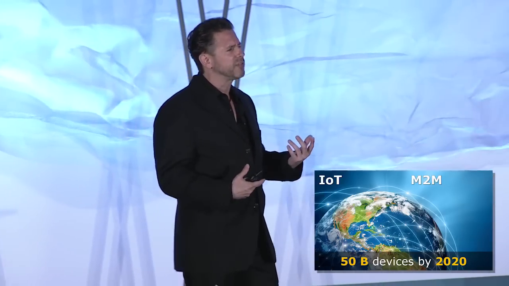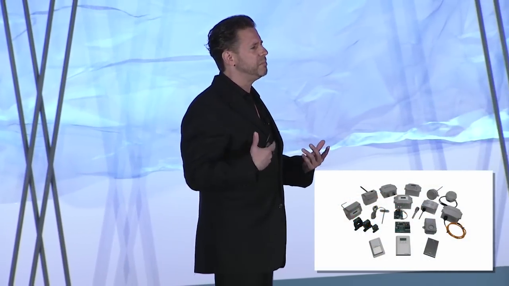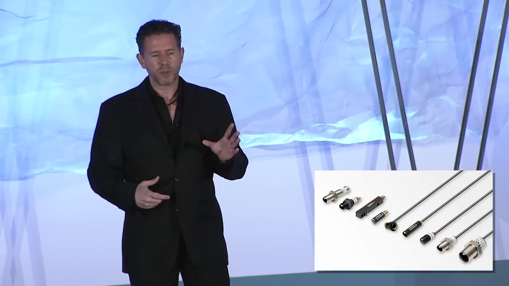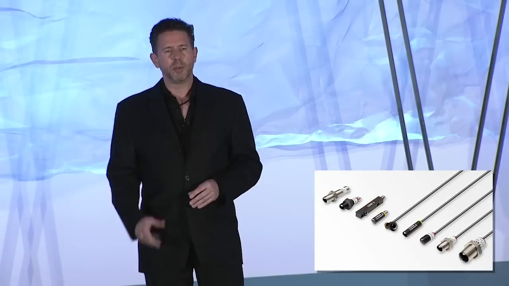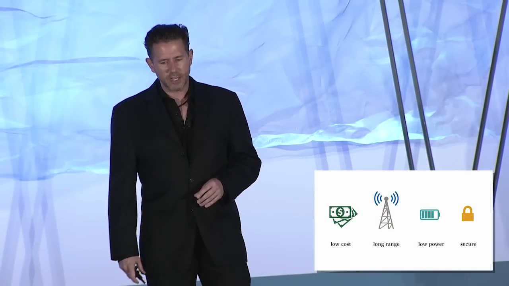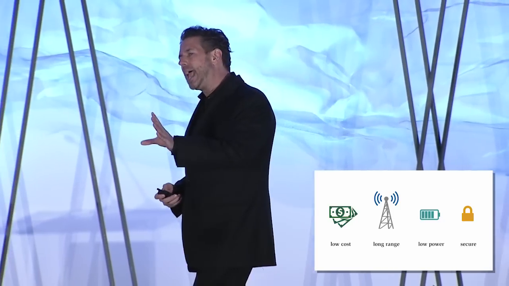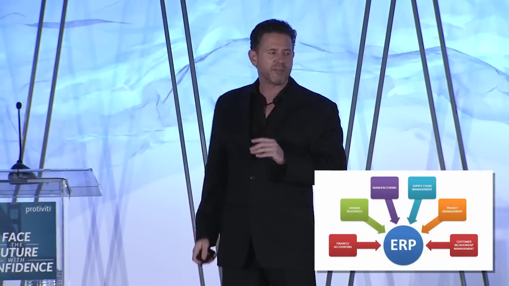There are tons of different sensors being produced by a million different companies for different situations and environments. The focus of the research today is on long range and Wi-Fi, getting power through Wi-Fi, low power, security, low cost and so on. And the data being aggregated is coming to these businesses of all levels through their ERP platforms.